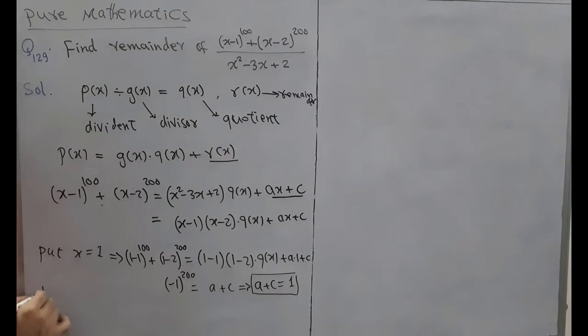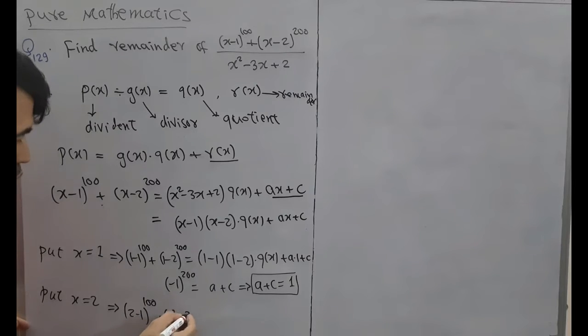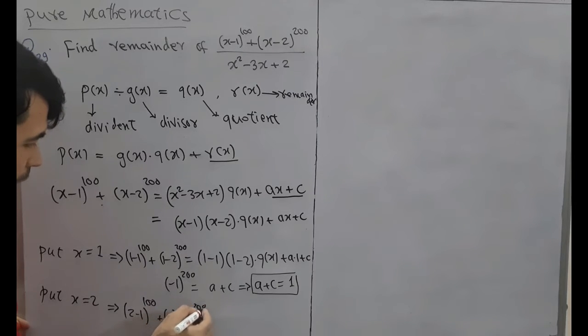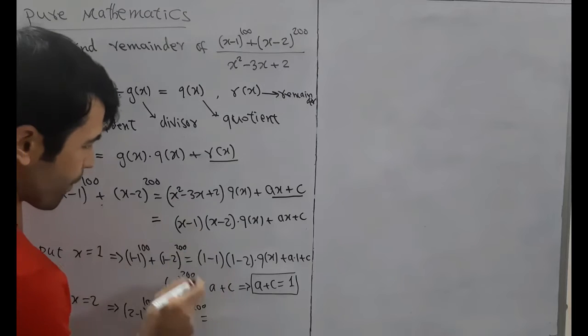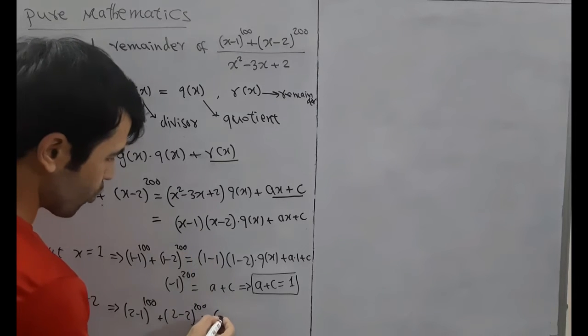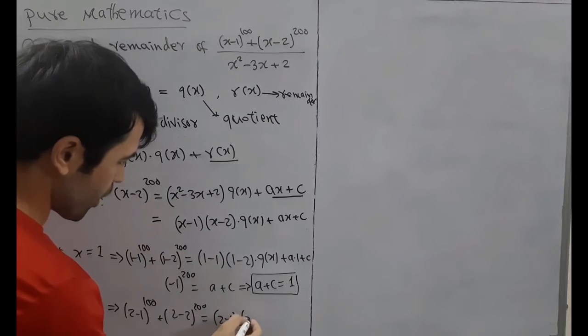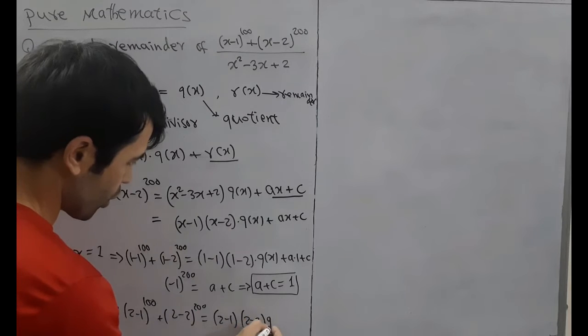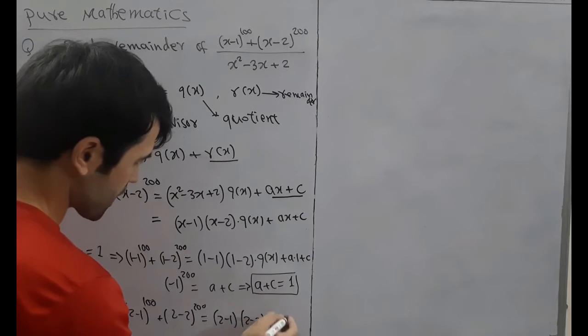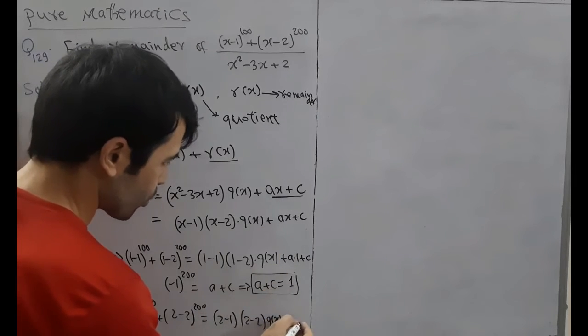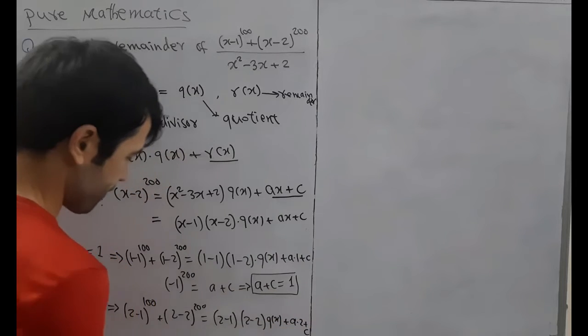Now if we put x is equal to 2, this implies (2 minus 1) to the power 100 plus (2 minus 2) to the power 200 is equal to (2 minus 1) into (2 minus 2) into q(x) plus a into 2 plus c.